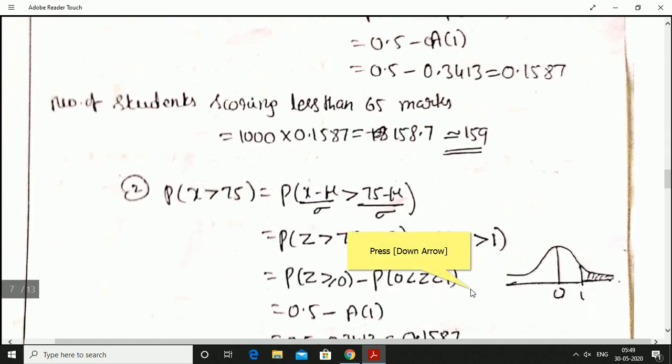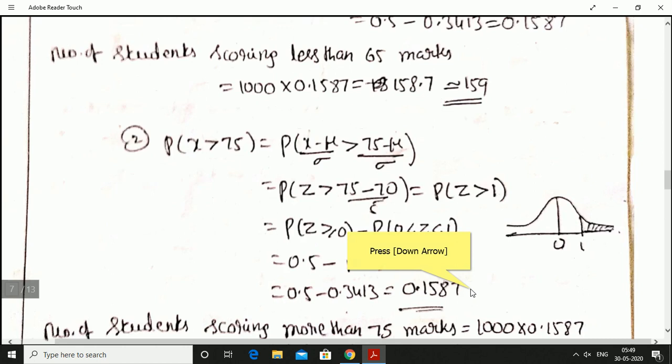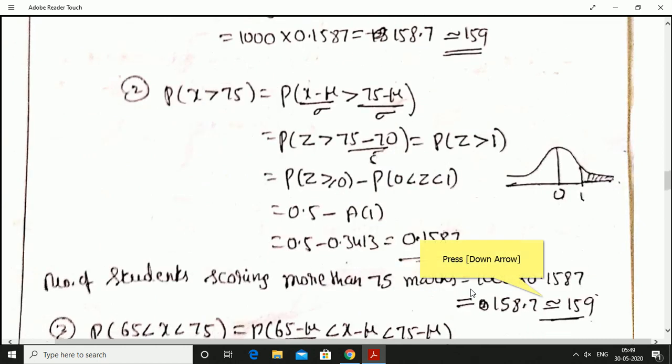Second required probability, probability of x greater than 75. Probability of x minus mu by sigma greater than 75 minus mu by sigma. X minus mu by sigma is z greater than, I substituted mu and sigma values, z greater than 1. Z greater than 1 means area from 1 to infinity. That can be written as area from 0 to infinity minus area from 0 to 1.